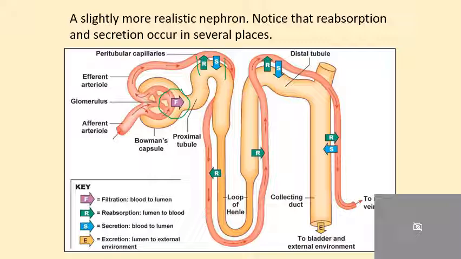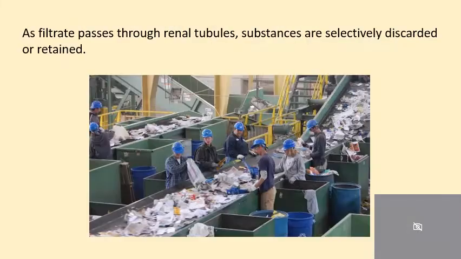At other places along the nephron, only reabsorption occurs. A metaphor for the movement of filtrate through the renal tubules is the movement of waste in this municipal waste stream along this conveyor belt.